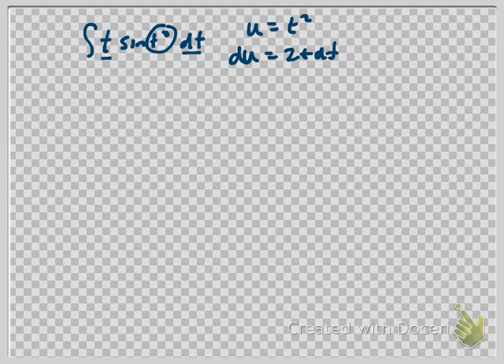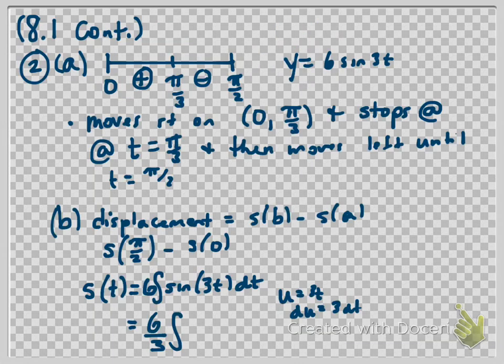So when I write sine u du, what am I implying is there that wasn't in the original problem? A 2. So to compensate for that, because there's a 2 in the du, do you see what I'm saying? When I write du, I'm really saying 2t dt. So to account for the fact that I brought in that 2 that doesn't belong, I stick a 1/2 in front.